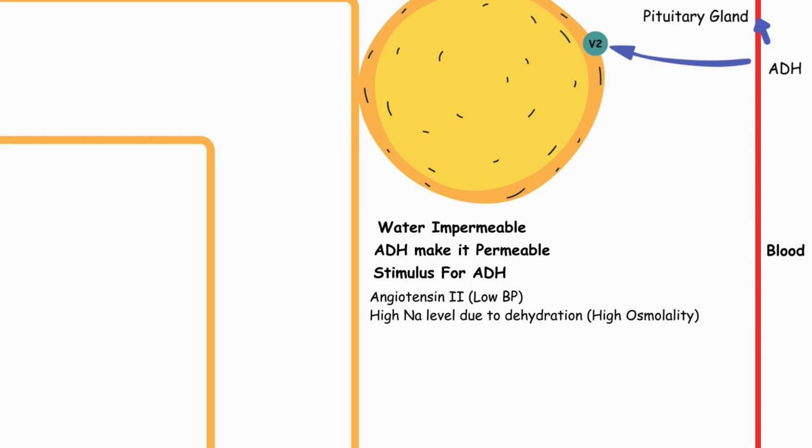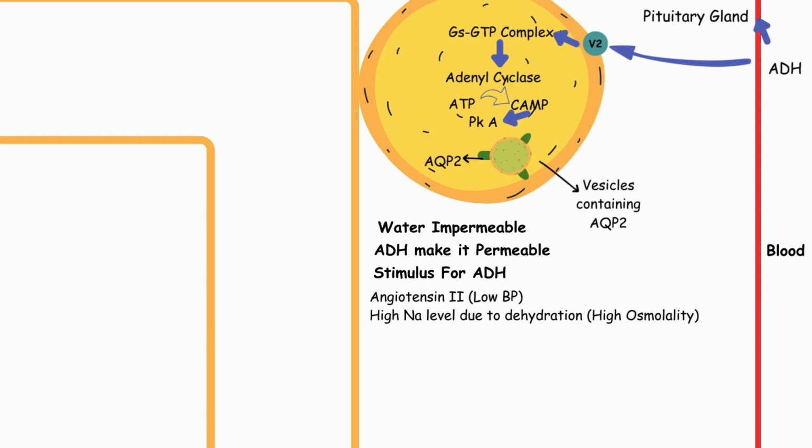This activates adenyl cyclase via the GS-GTP complex. Now adenyl cyclase converts ATP to cyclic AMP. cAMP activates protein kinase A. Now, there is a vesicle containing aquaporin 2 channel proteins. Protein kinase A phosphorylates these AQP2 proteins in vesicle, signaling them to fuse with the apical membrane of cell.